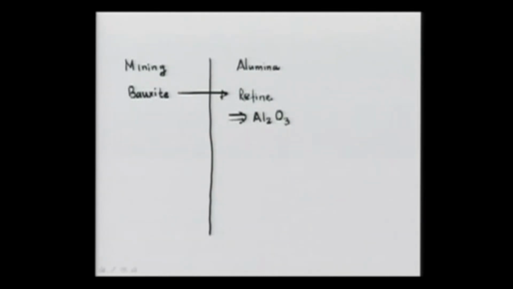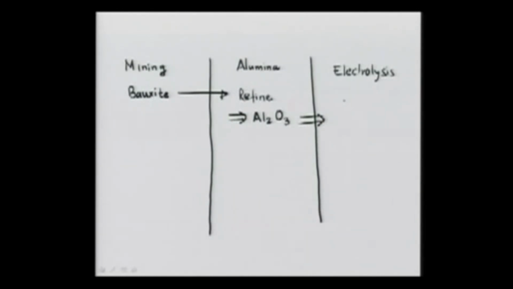And once we have the alumina ready, the next step is to take this aluminium oxide, or alumina, to the electrolysis process. What we do here is produce the aluminium through electrolysis.